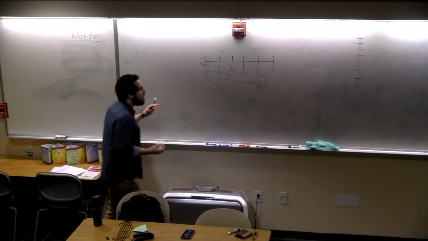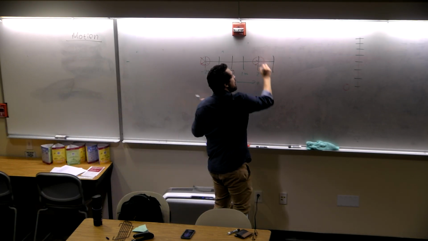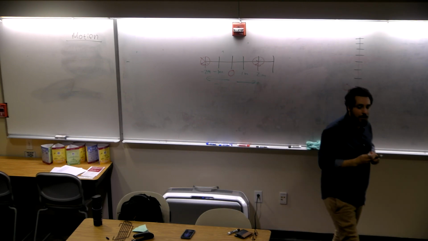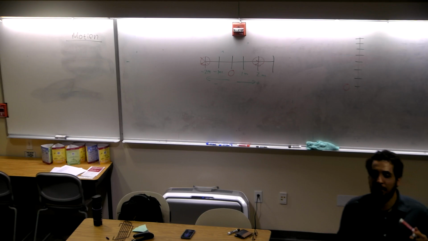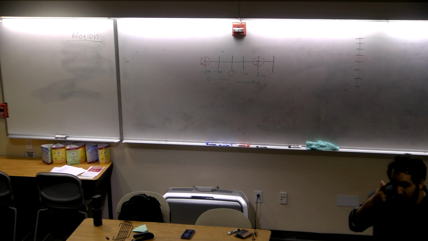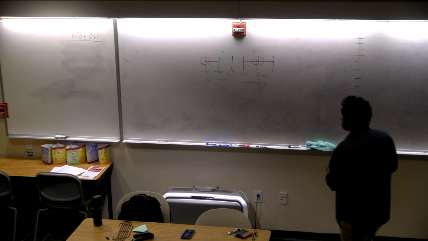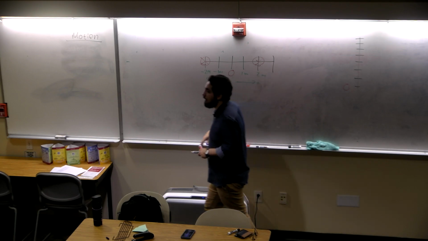Or it could be 2 meters on the other side. Both of those are 2 meters away. So you need a way to specify direction. That's where that negative and positive come into. That's the importance of the vector here, to reduce the ambiguity when we talk about something like position.